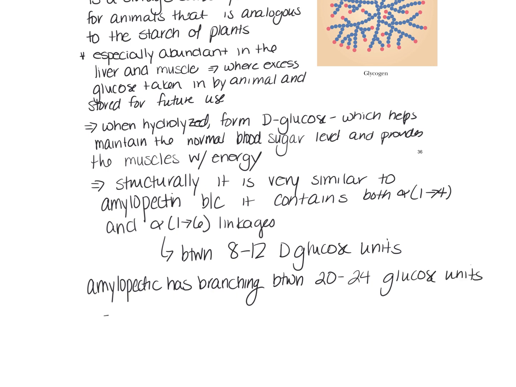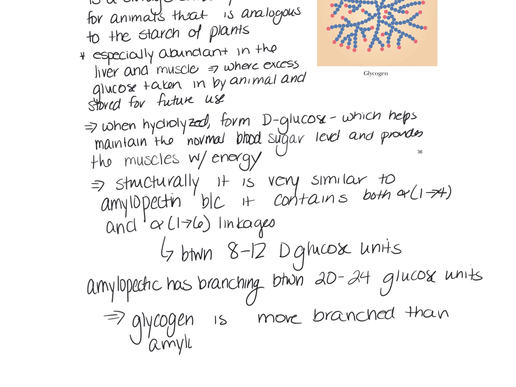And so that big difference then is that glycogen is more branched than amylopectin. And so that's the big difference between the two.